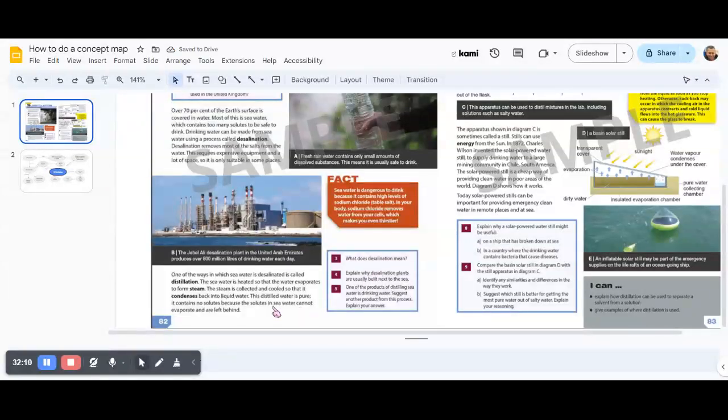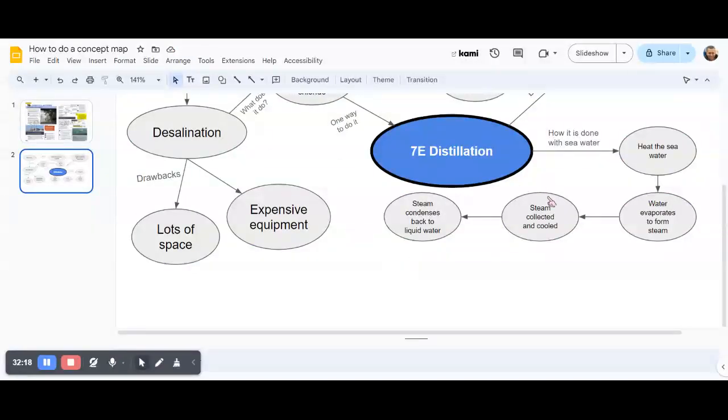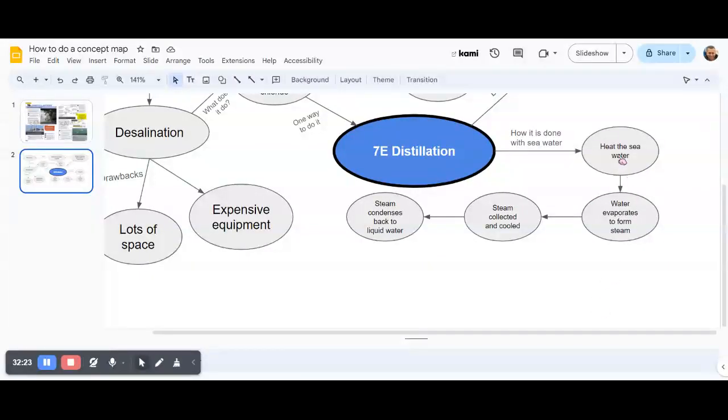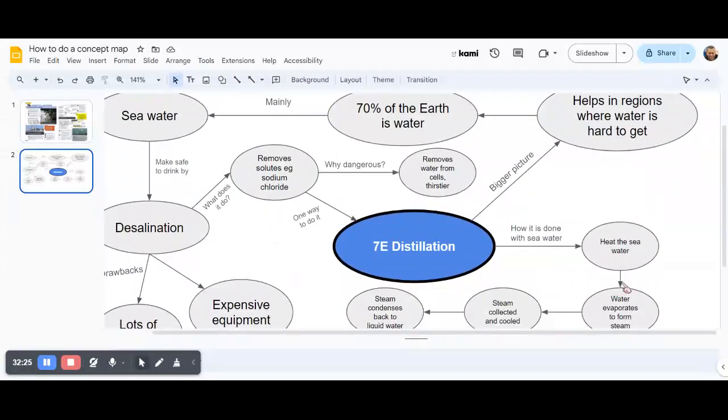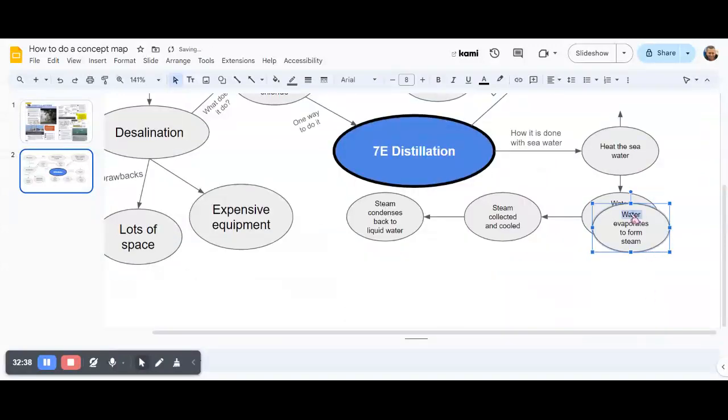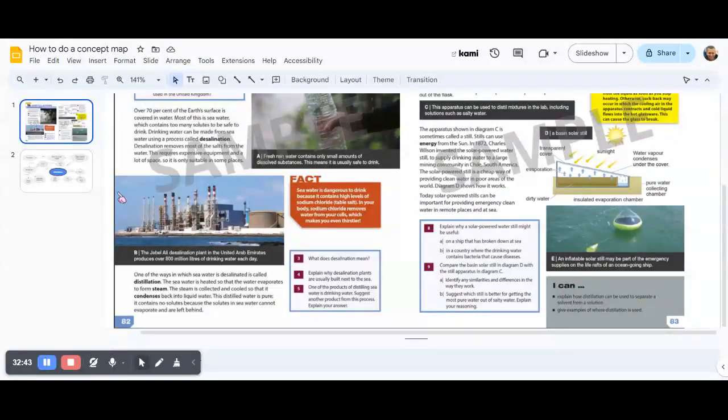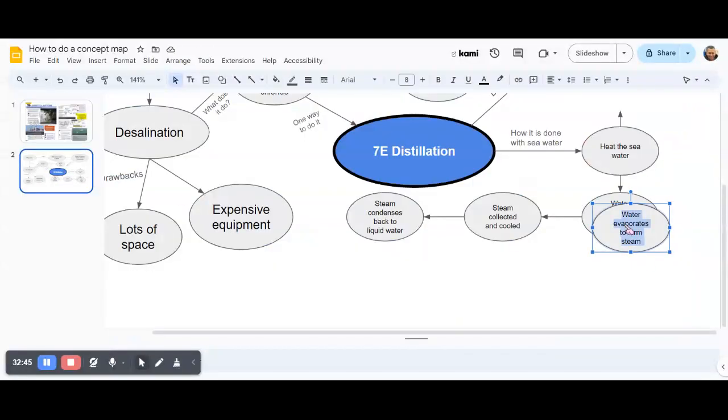Okay, now the distilled water is pure. It contains no solutes because the solutes in seawater cannot evaporate. Okay, so what I kind of need to do is I need to have that idea as well. So heat the water. I can actually have one idea going upwards, and I can actually say in that idea, in that concept, that the solutes cannot evaporate and they remain behind.